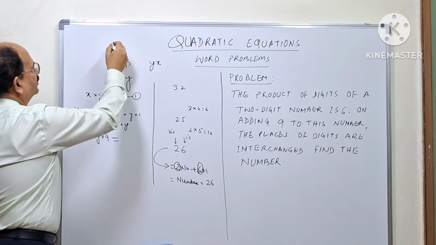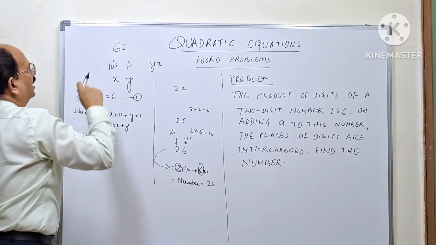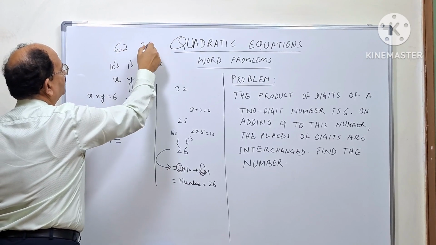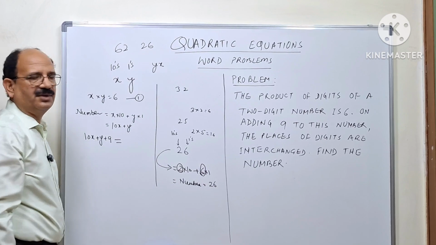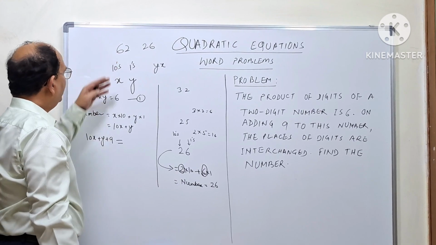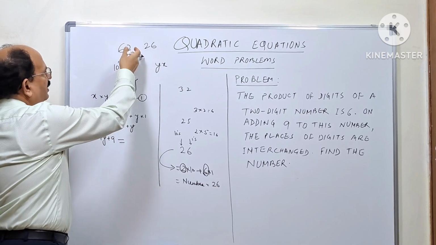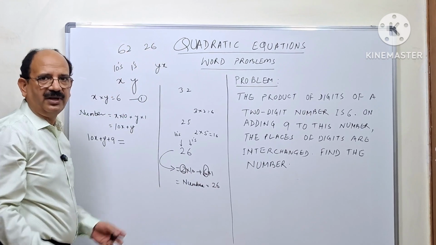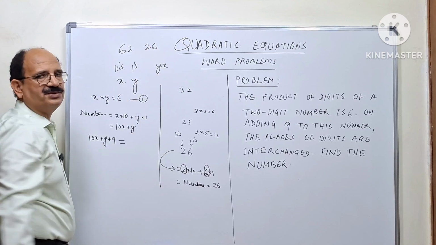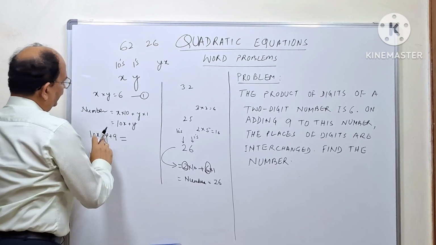Just for example, if we add 9 to this number, the digits change position. We really do not know what the number will be, but you see the interchange of the positions of the digits. For example, if it is 62, this will become 26.